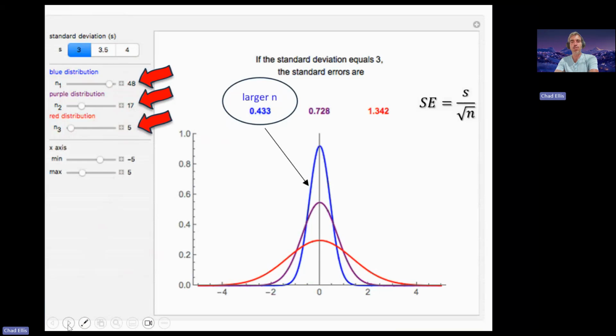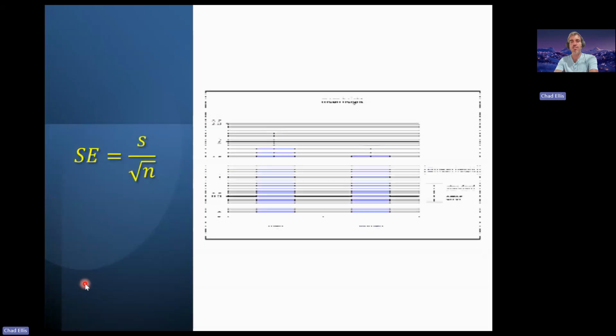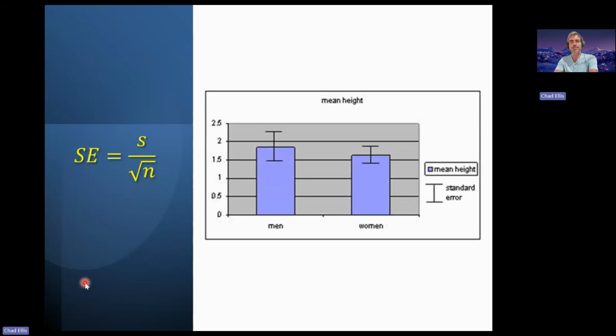Because our blue distribution has the largest N, its standard error is much lower than the smaller sample size in the red. All three of these are giving us the same estimate, but because the red has a smaller sample size, it gives us a larger standard error of the mean. So there's more uncertainty with the smaller sample size.